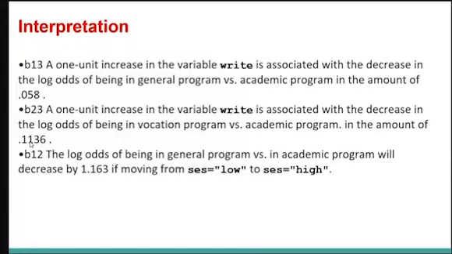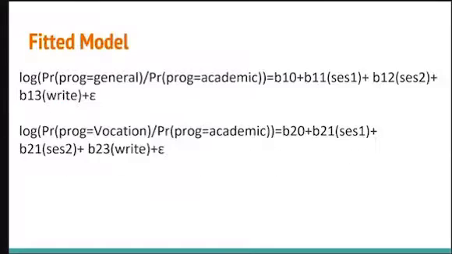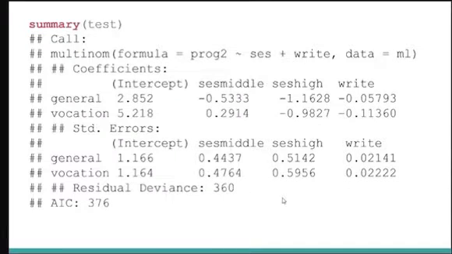How do you interpret the categorical predictor? For instance, how do you interpret this one here, the negative 1.16328? Or how do you interpret any of the values that you have in SES middle and SES high?